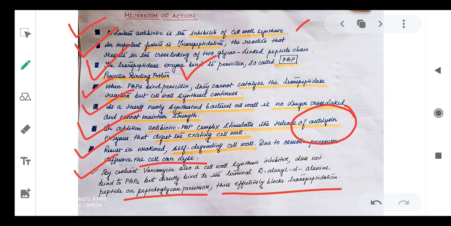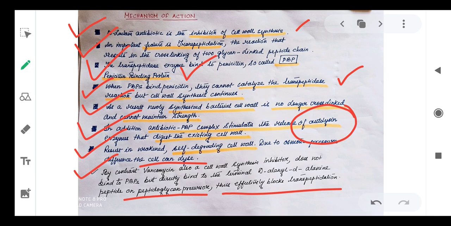Transpeptidase binds to penicillin, so hence they are called your penicillin binding proteins. So when PBPs bind penicillin, they cannot catalyze the transpeptidase reaction. That will result in a stop to the cell wall synthesis. As a result, the newly made bacterial cell wall is no longer cross-linked and cannot maintain its strength and rigidity.